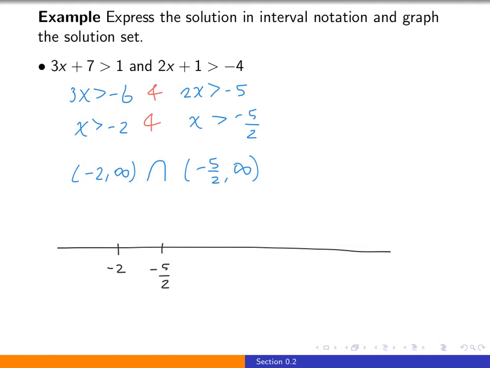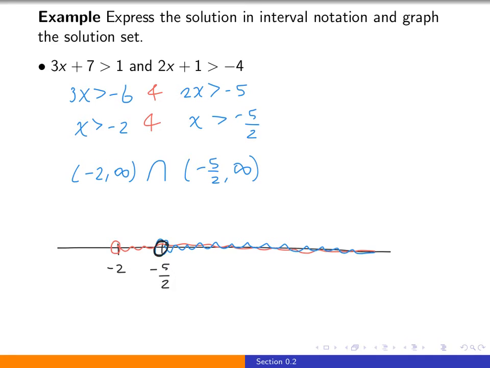So the first inequality is solved for x values which are to the right of minus 2. The second inequality is solved for x values which are to the right and not including minus 5 halves. And what we would like for our solution set is the overlap of the two, which x values simultaneously solve both of them.